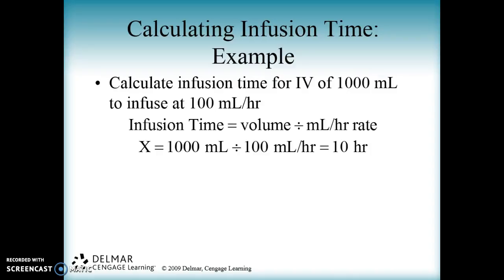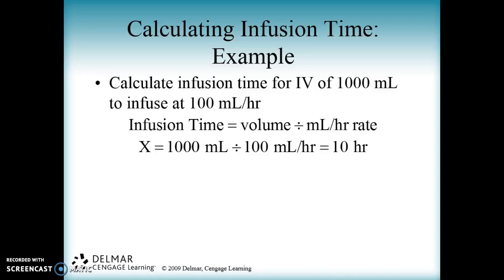If we want to calculate the infusion time for an IV that contains 1,000 milliliters, and we're going to infuse it at 100 milliliters per hour, what's the time? Volume divided by rate is going to equal time. In this case, 1,000 divided by 100 gives me 10. That means this particular IV bag is going to last 10 hours.